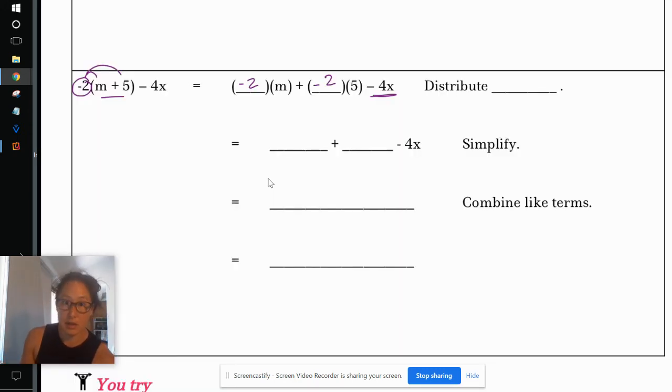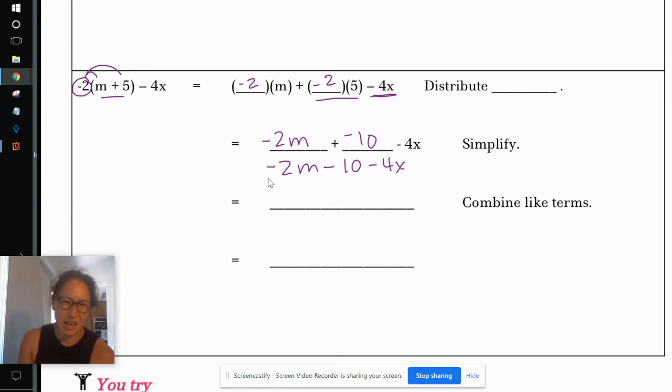We haven't done anything with it. So we're going to simplify. Negative 2m, and then negative 2 times 5 is negative 10 minus 4x. So this is negative 2m minus 10 minus 4x, and then I'm going to go ahead and combine my like terms.